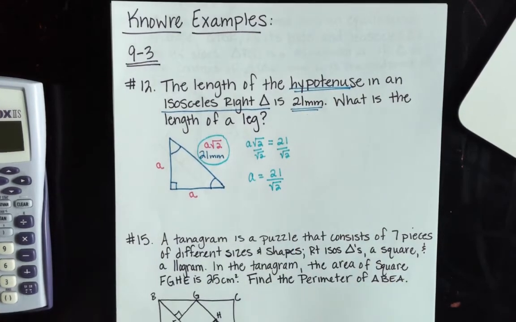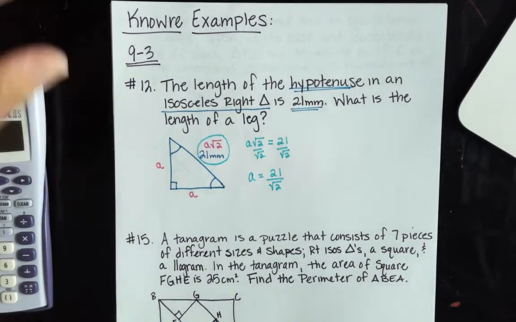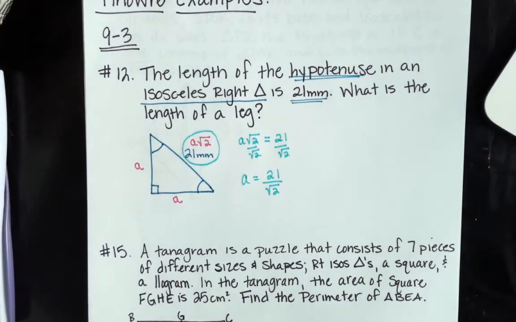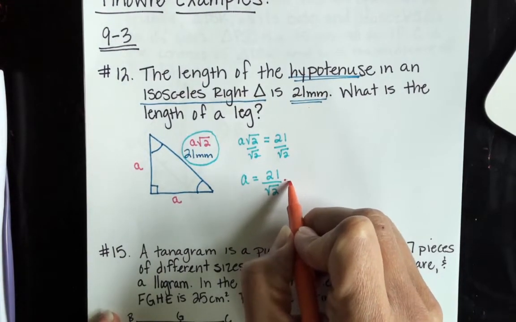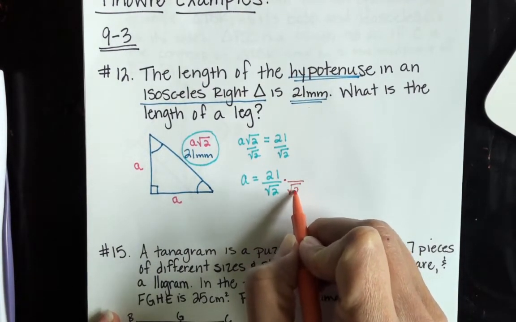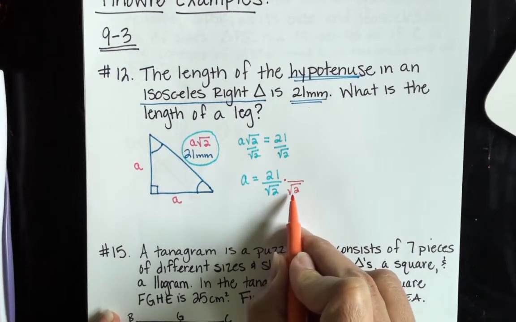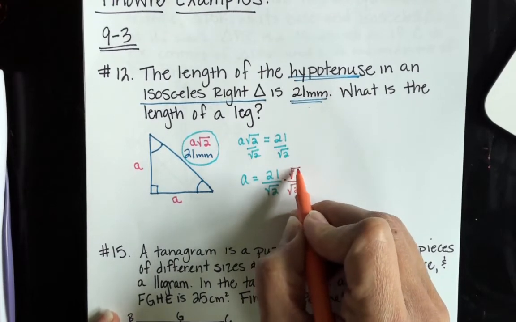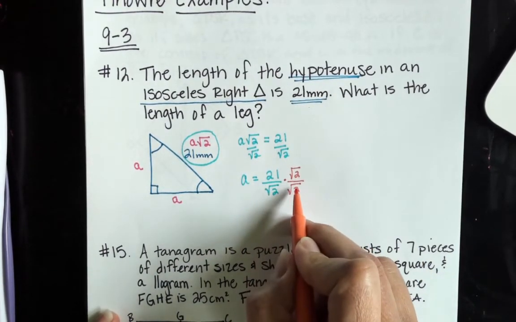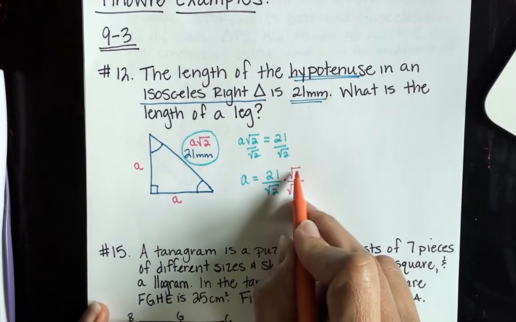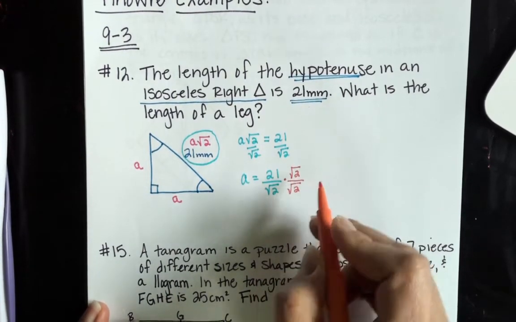And what we end up with is 21 over radical 2. And again, we talked about this is not appropriate for a final answer. We have to rationalize this, which does mean get a perfect square in the denominator, and our perfect square would come from multiplying, in this case, the prime number by itself. But because we don't want to change the value of this fraction, we're going to multiply by that special number 1, and anything divided by itself is really 1.